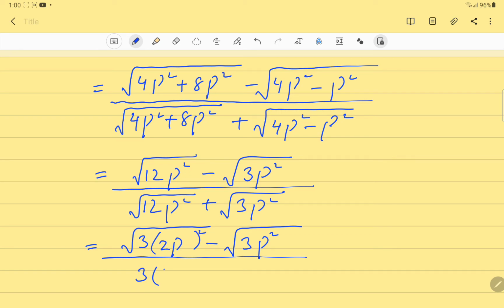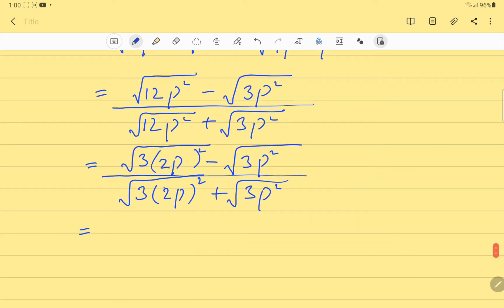So square root of 3 into 2p squared minus square root of 3p squared, and down in the denominator also square root of 3 into 2p squared plus square root of 3p squared. So 2p will come out of the square root, leaving 3 inside under the root. The same is the case here: p squared, p will come out, and inside the square root 3 will be left.